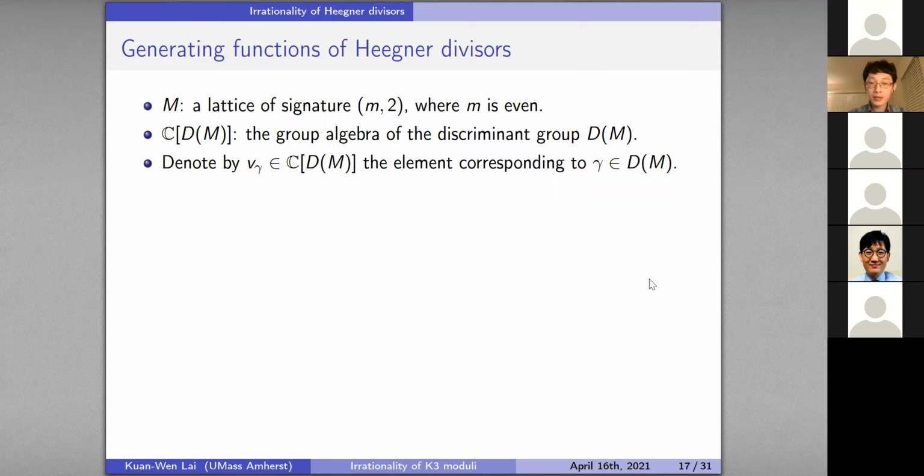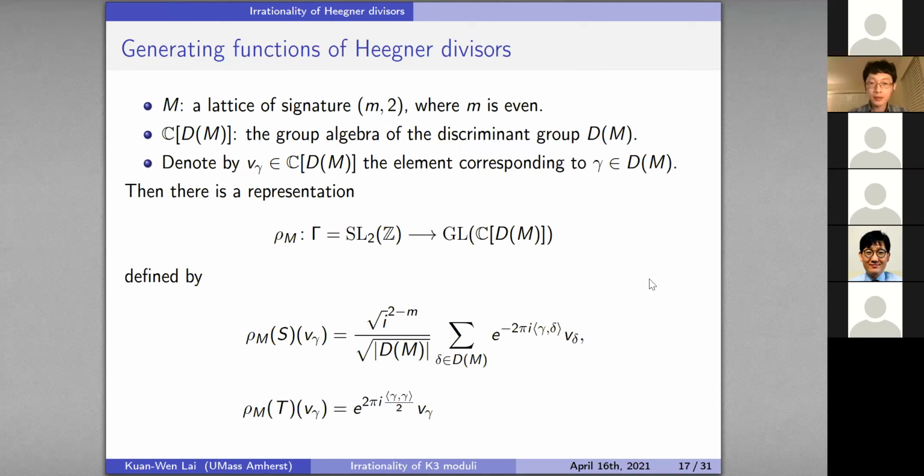In this space, we'll denote by e_gamma the element corresponding to gamma in the discriminant group. Then there's a representation from the modular group Gamma, which is SL2(Z), to the group algebra of the discriminant group, which is defined in this way.